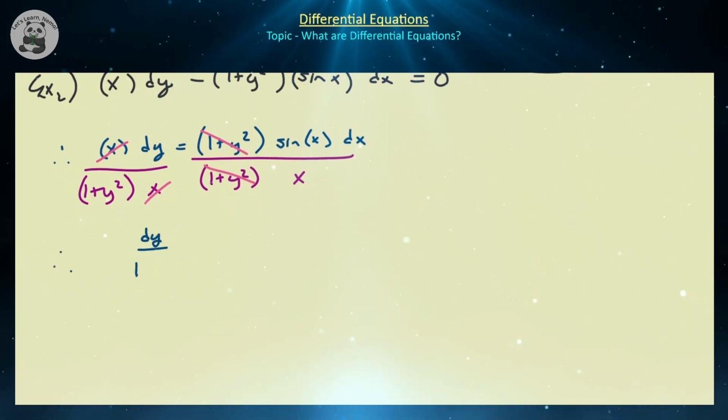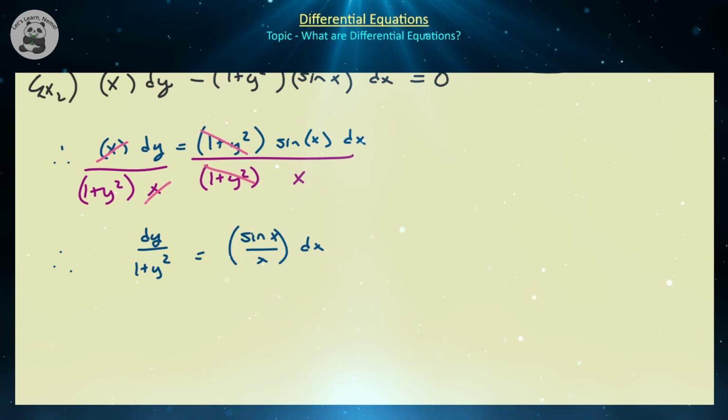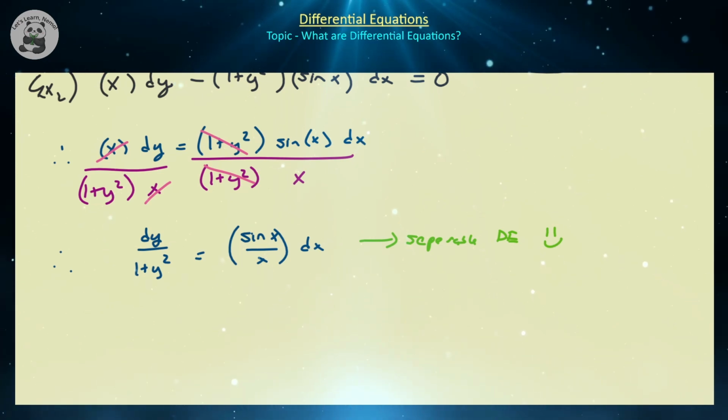So we're going to have dy divided by 1 plus y squared is equal to sine of x over x dx, right? Everything with y on the left, everything with x on the right-hand side. So therefore what we have is a separable differential equation, which should make you happy.